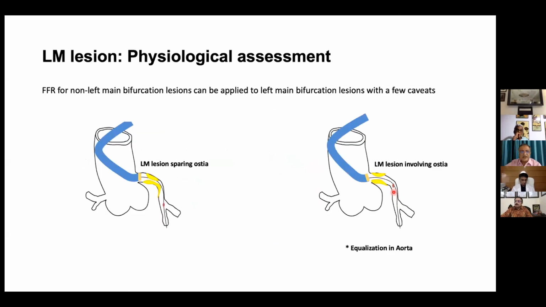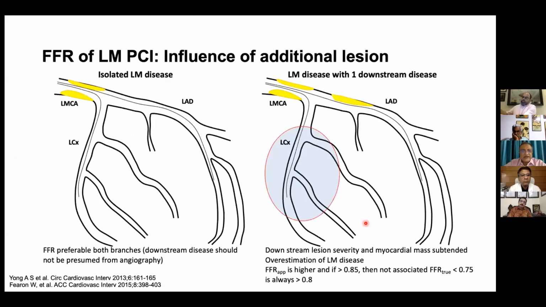So FFR is a very good tool, but we have to remember a couple of things in the left main. If you have an ostial disease, you need to disengage the guide and do the equalization in the aorta. And again, here the IV infusion is much better than giving an intermittent bolus. And there is an influence of an additional lesion on the FFR estimation of the left main.